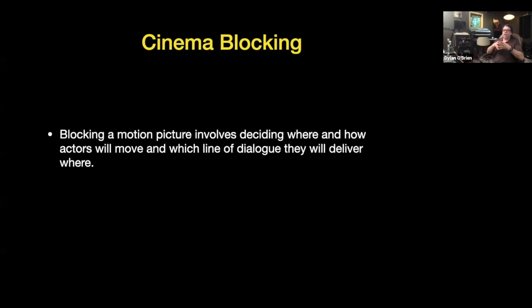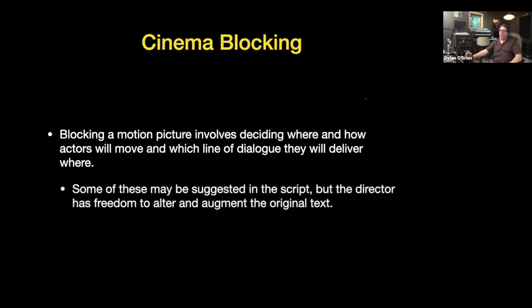Basically, blocking a motion picture is going to involve deciding where and how actors will move and which line of dialogue they would deliver where. This is how intricate it breaks down. So when I'm going through the script and say I'm directing something, I'm going to think about their dialogue, and as I'm reading the script, I try to pre-visualize where these characters are moving in the set.